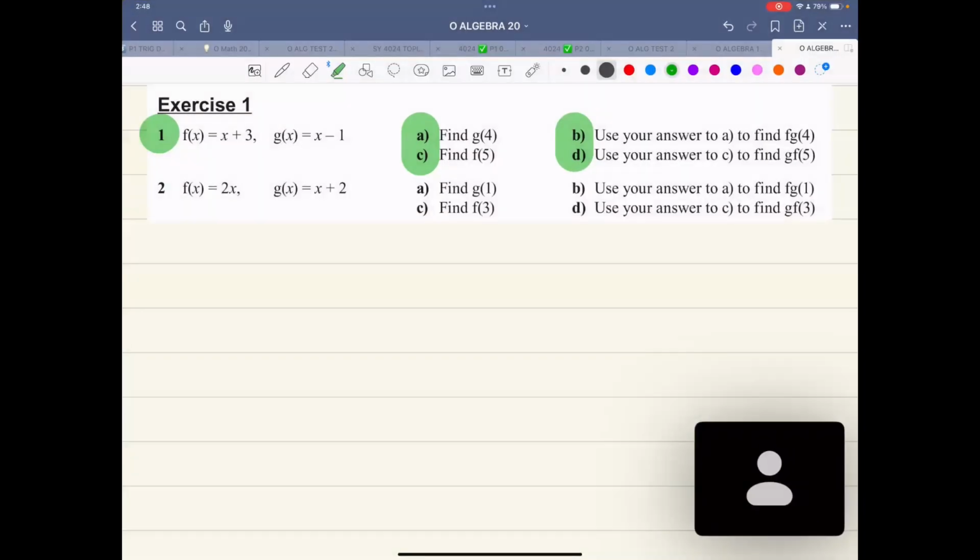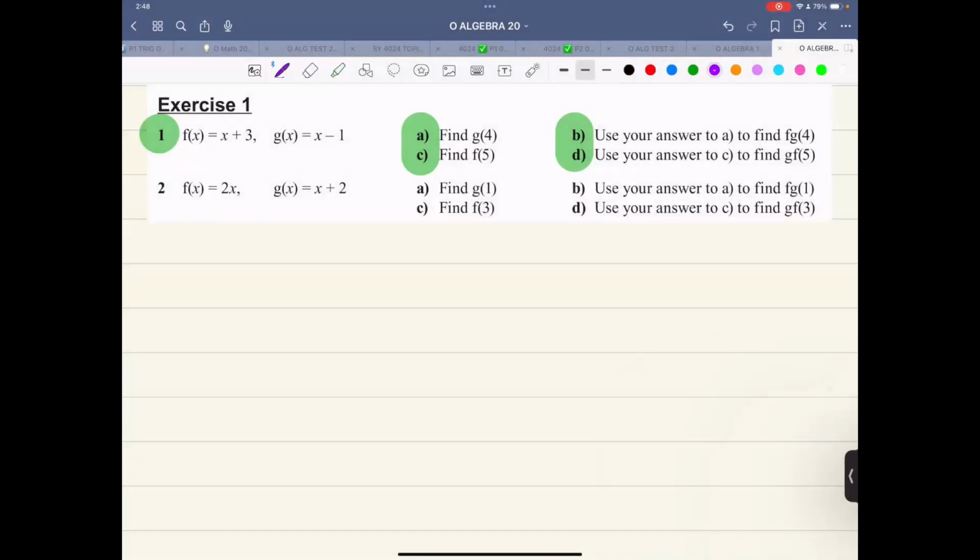So now the questions that I've shaded, let me solve this. It's one question with 4 parts. Question number 1, f(x) is x plus 3, g(x) is x minus 1. First part A, evaluate g(4). So this is g(x), that is 4 minus 1, which comes out to be 3.